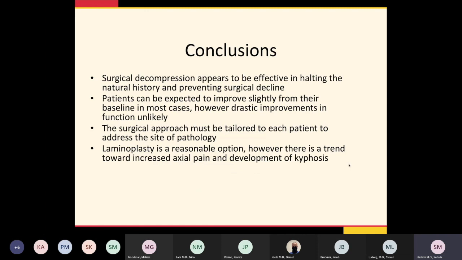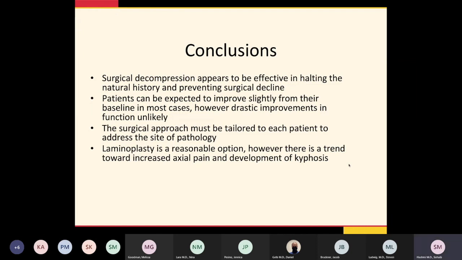But surgical decompression is effective, and it does halt the progression as well as have some improvement in the patient's myelopathy, depending on when the patient has an intervention. Surgical approach really should be tailored to the patient's radiographic parameters, clinical symptomatology, and underlying disease. However, non-fusion procedures may be an option for these patients, knowing that there may be alignment changes afterwards.